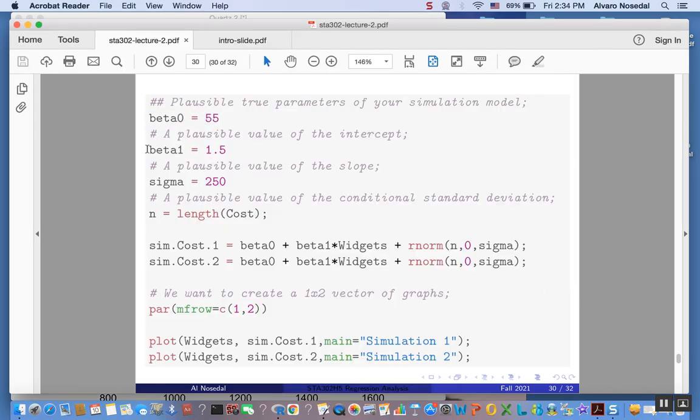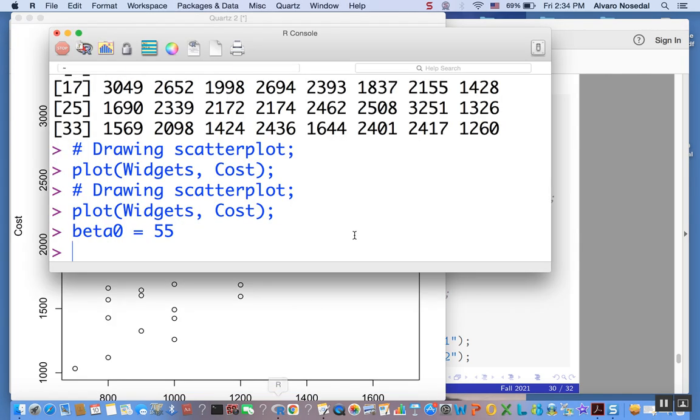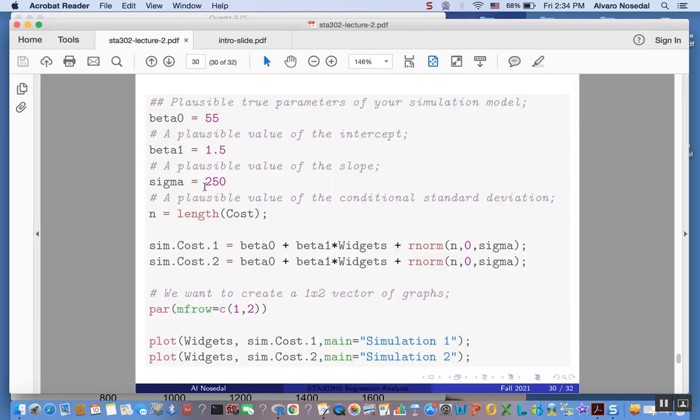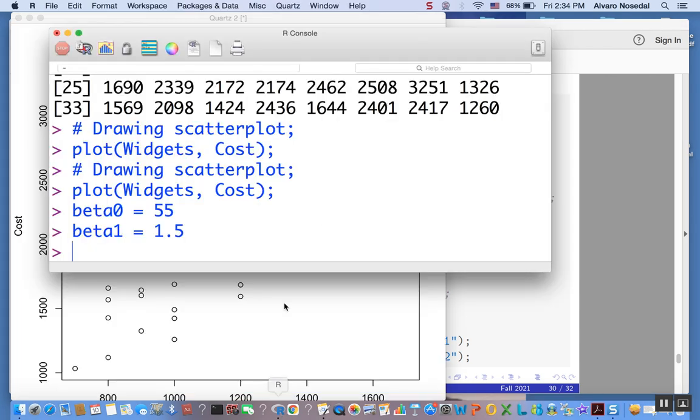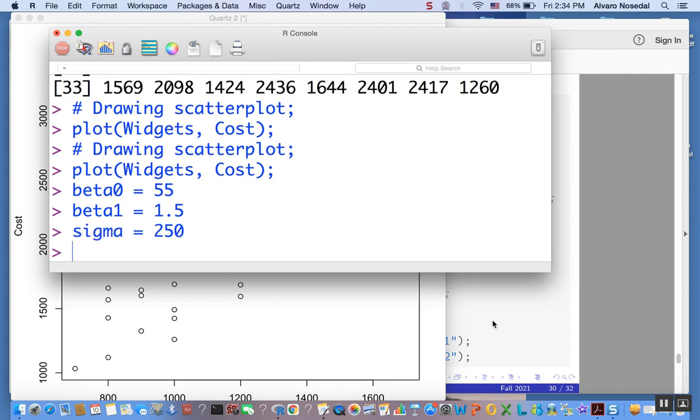Something similar for beta 1, which represents our slope. Sigma is the standard deviation of the error term, the epsilon term.